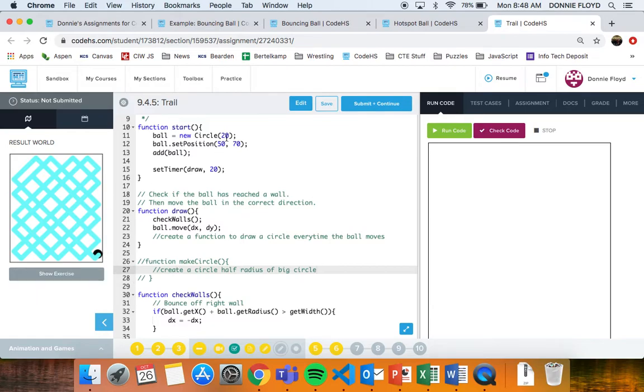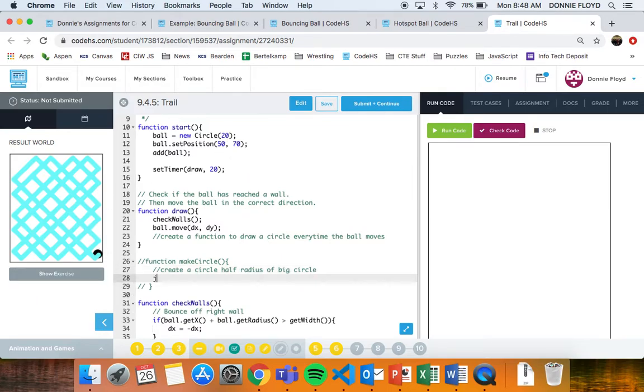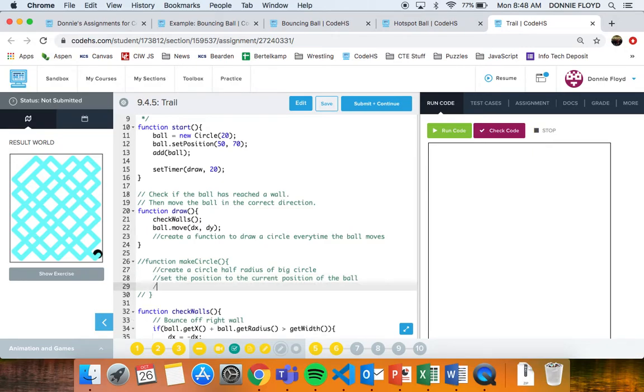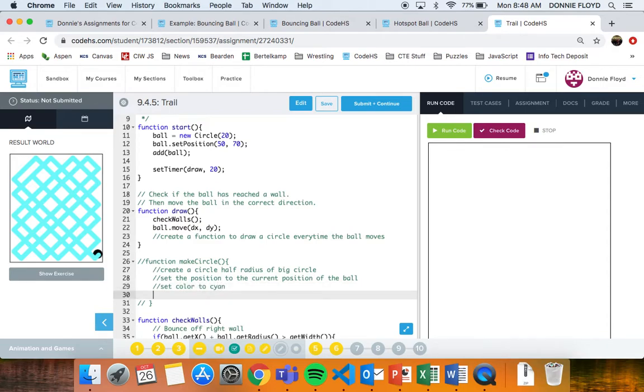It's 20, so I'm making it 10. And I'm going to set the position to the current position of the ball. So the ball up here, we've got to find the current position of that ball every time it moves. Set color to cyan, so that would be Color.cyan, and add ball.